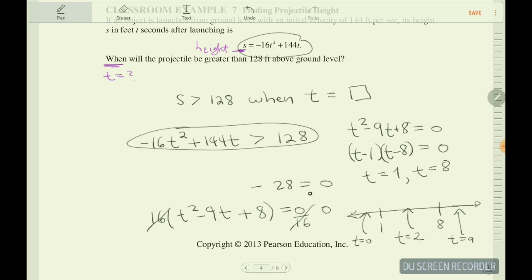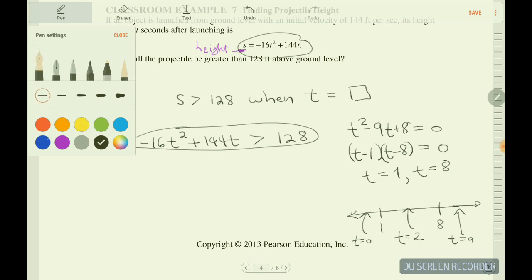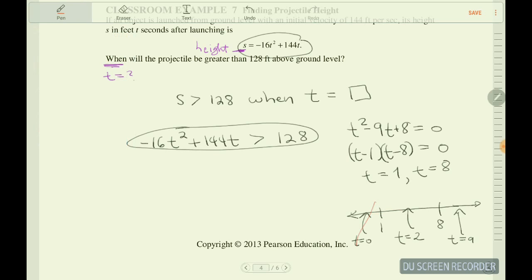So now I'm on step 2. And notice now instead of having just 2 regions to test, I've got 3 regions to test. So plugging in a 0 will zero everything out, and 0 is not greater than 128, so I'm not even going to bother with that first section. Also, it says, when will the projectile be greater than 128 feet above the ground level?